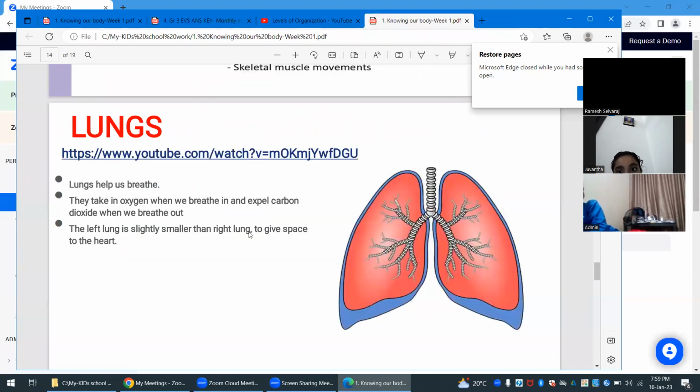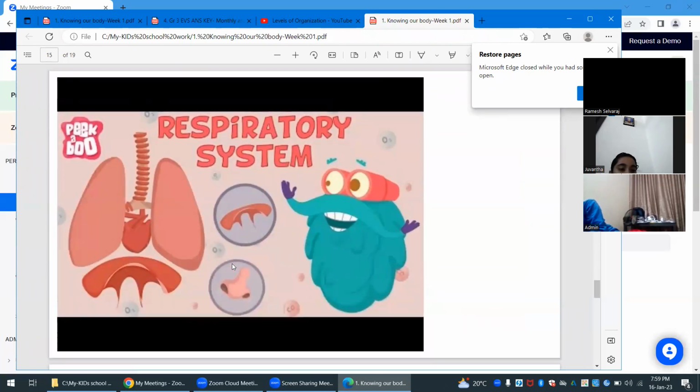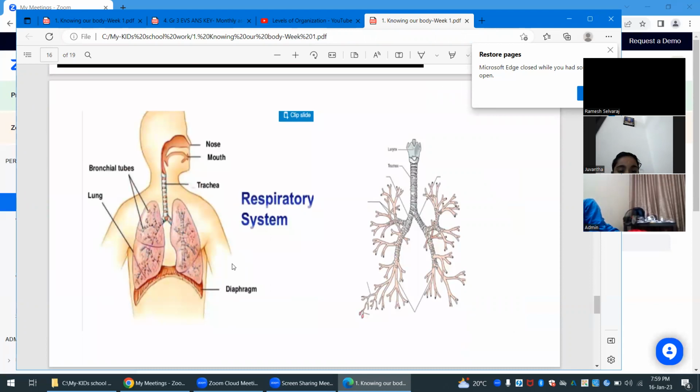Okay, then let's see the next thing. The respiratory system. When we are breathing in, air goes through the nose, sometimes through the mouth also, but we should not breathe through the mouth. God has given us a nose to breathe, so we should use the nose only. Why?